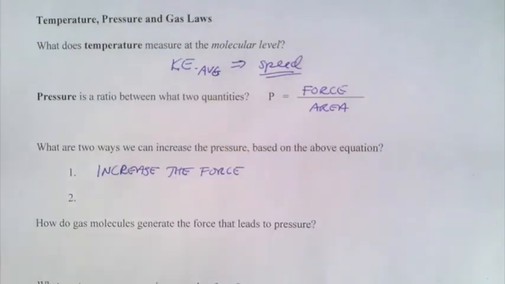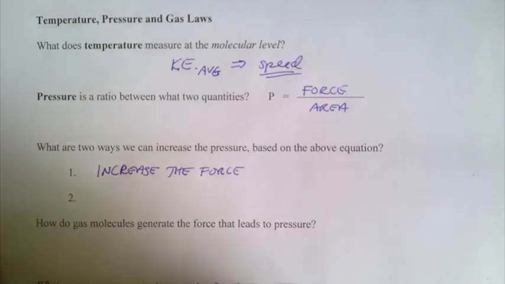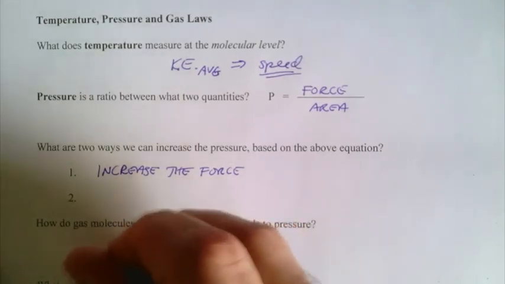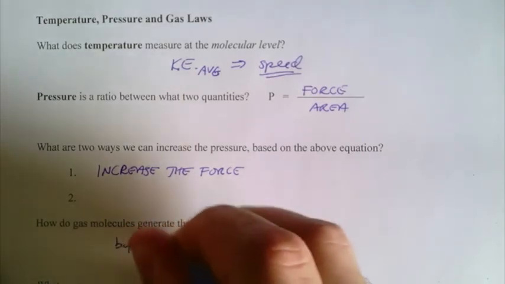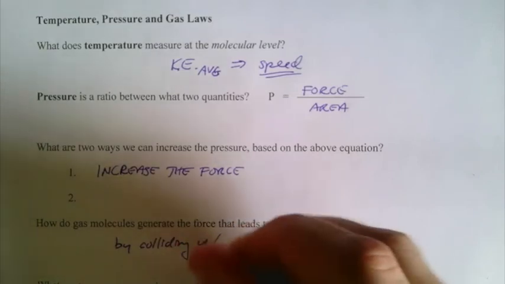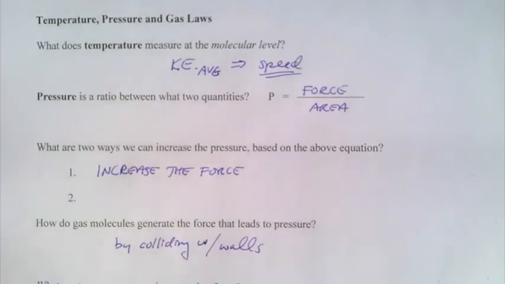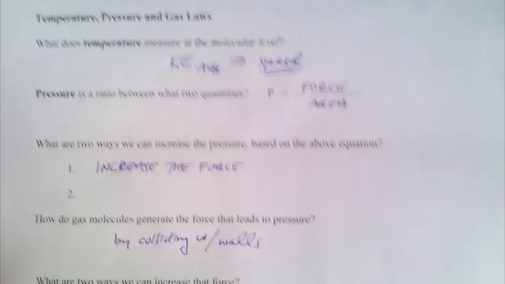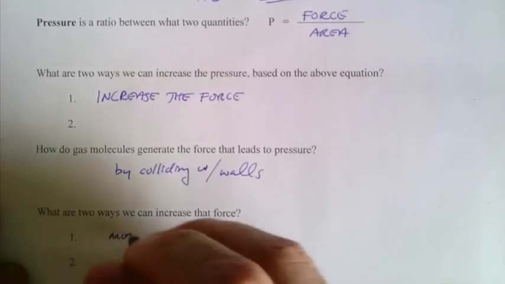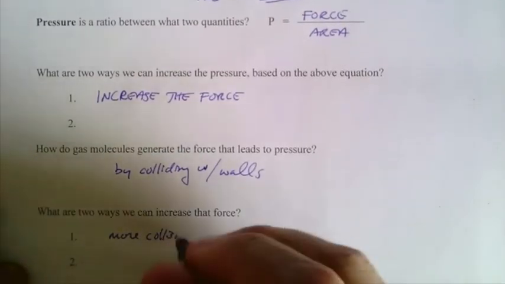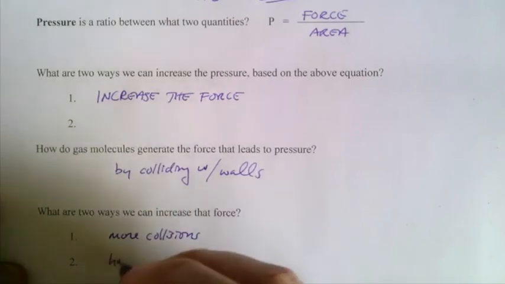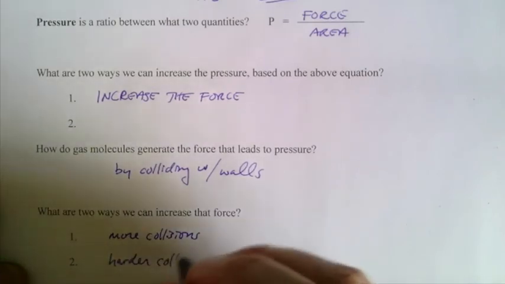So in other words, more oomph hitting the walls. And since we said that the molecules generate that force that leads to pressure by colliding with the walls, that means that the two ways we could increase the force would be to have more collisions or harder collisions.